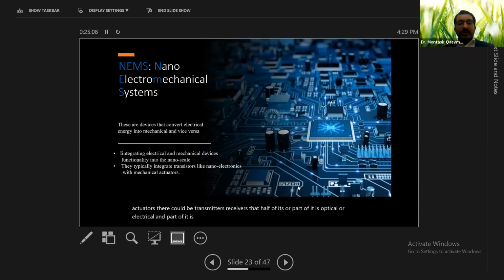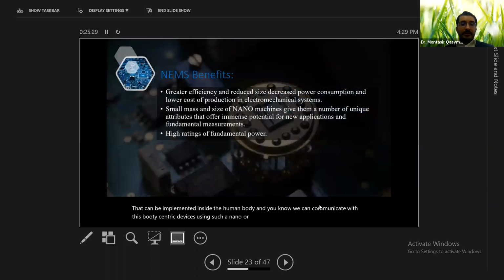Based on nanotechnology, the dimension is in the nano size, and they serve very functional applications, including body-centric devices. For example, we have body-centric devices that can be implemented inside the human body, and we can communicate with these body-centric devices using such nano electromechanical systems. So they are very efficient, very compact, and have very low power consumption.